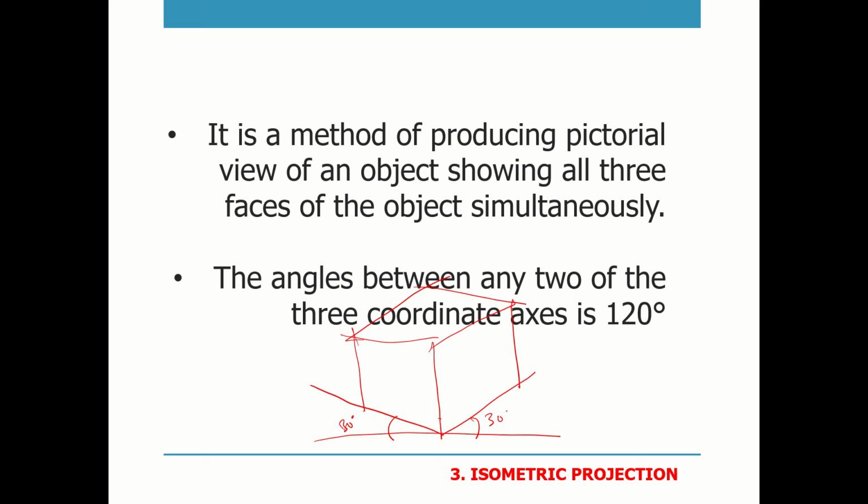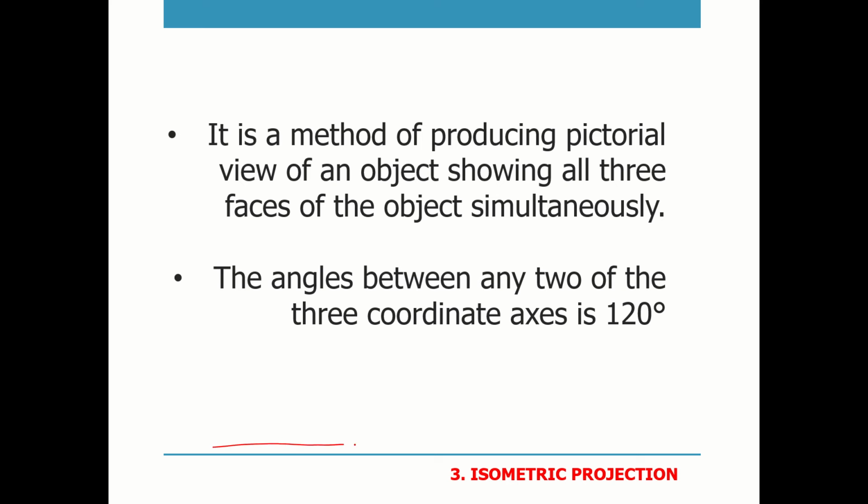I'll explain this in further slides. So the thumb rule is you should have the baseline or ground line, with the height of the object marked. This is the first step. Draw a line which is 30 degrees between this and this.